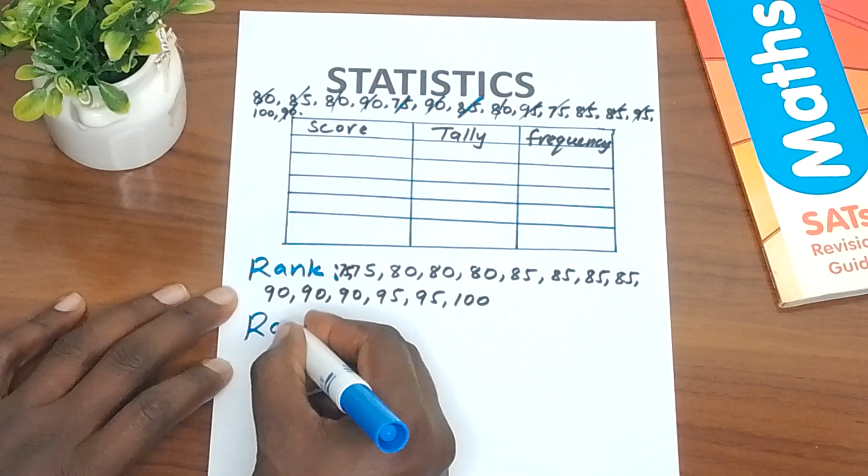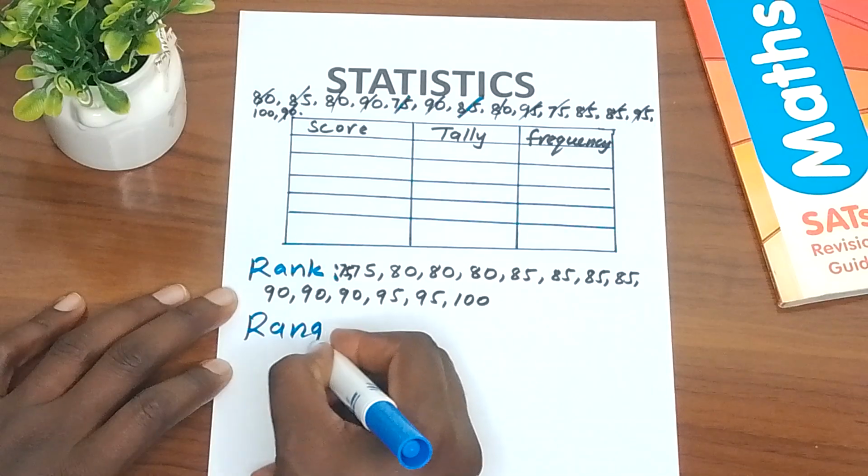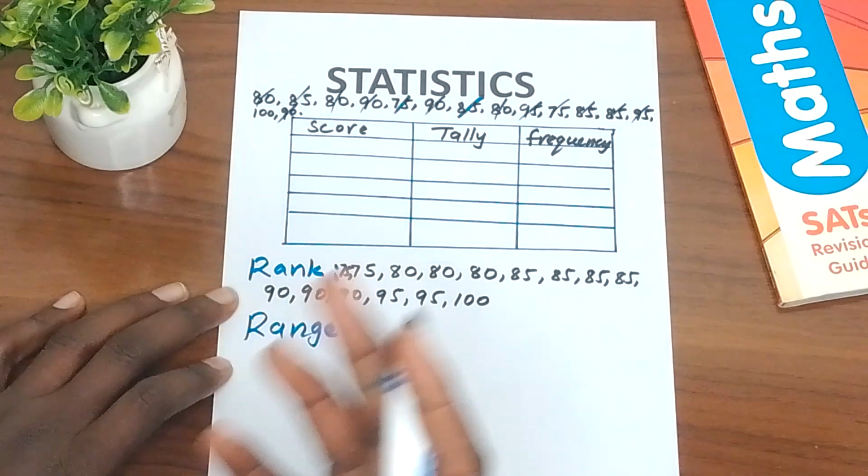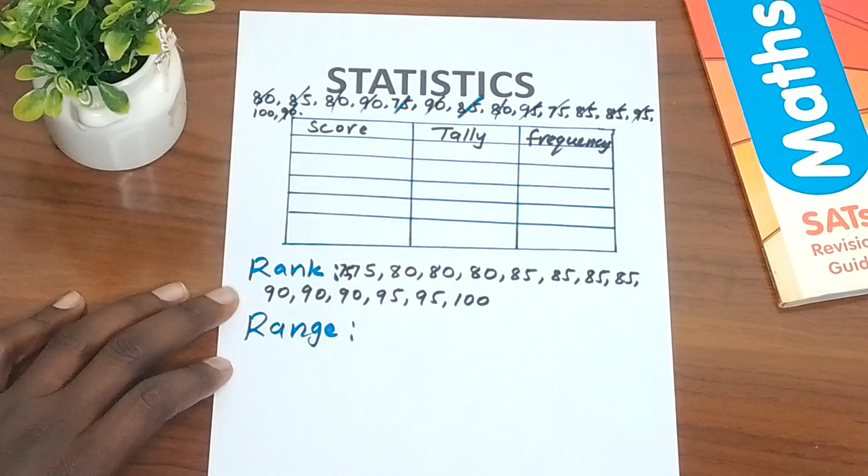Whenever we finish ranking, we go to the second step, which is the range. Range means you are going to take the highest number minus the lowest number, so that you know the range of the data that you have.